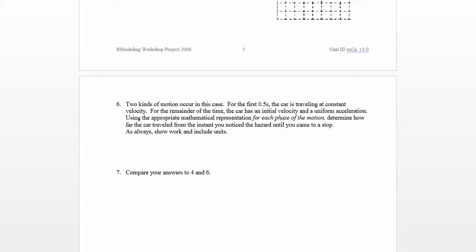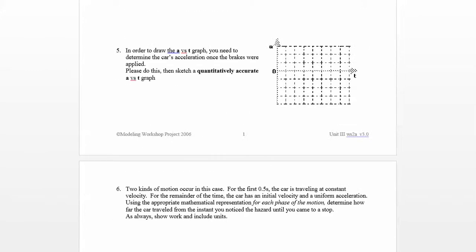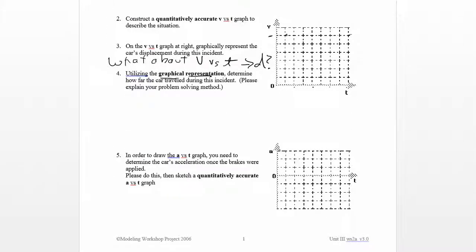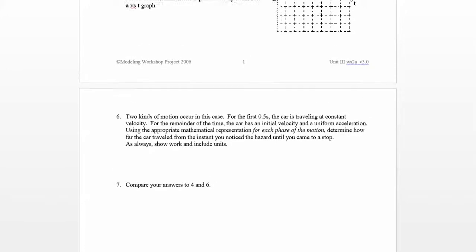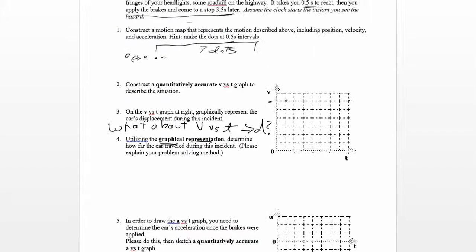For the remainder of the time, the car has an initial velocity and a uniform acceleration. Use appropriate mathematical expression for each phase of the motion. And then compare your answers to 4 and 6. So take a look at what you did for 4. Compare that with what you did for 6 and see if you see anything that's either the same or different.